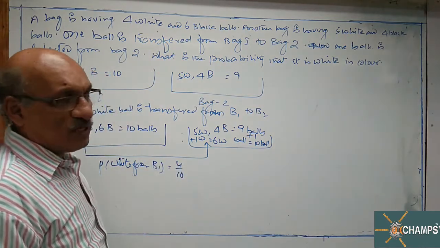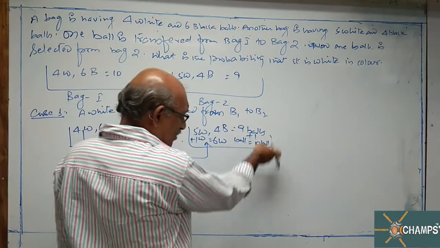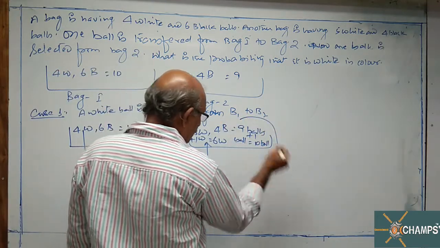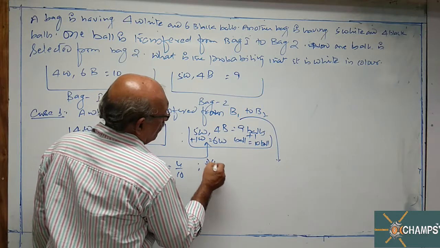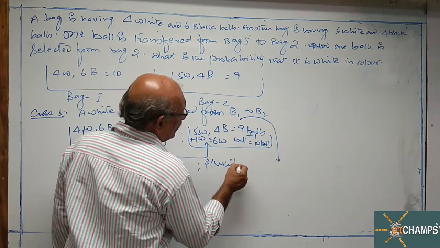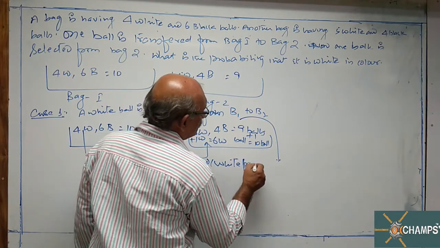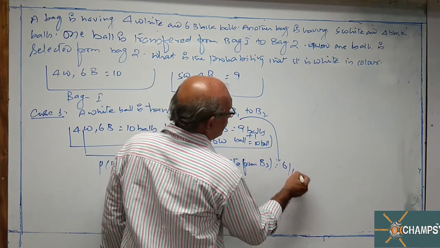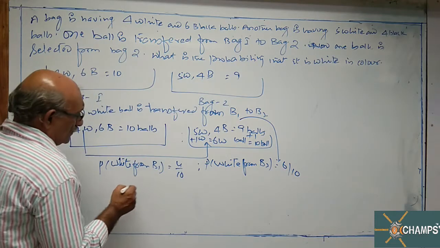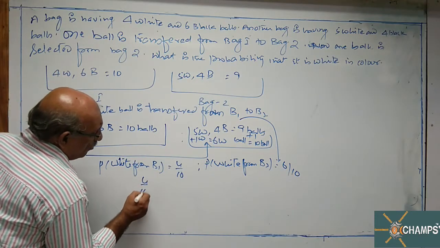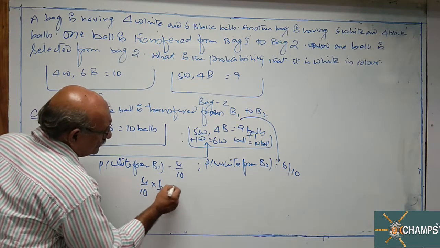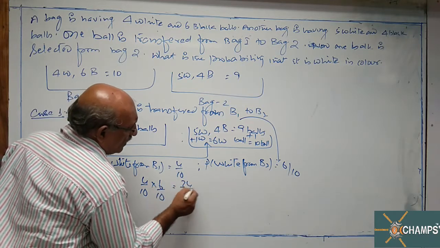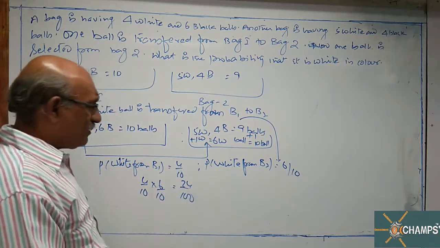When a white ball is transferred from B1, again you are drawing one ball from bag 2. So probability of drawing white from bag 2 is equal to 6 by 10. So 4 by 10 into 6 by 10. 24 divided by 100 is the probability.